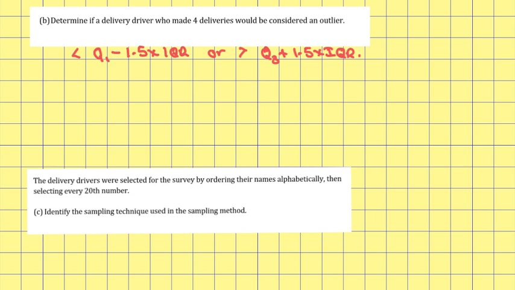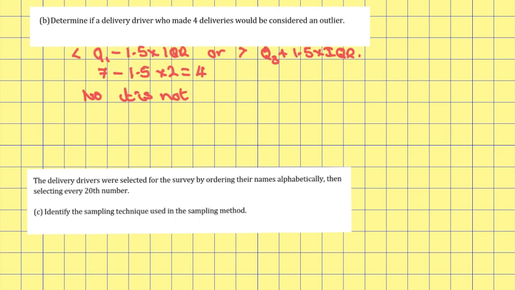In this case, we will use the lower bound, so Q1 was 7, so it's 7 minus 1.5 times 2, which is equal to 4. So no is the answer. It is not. Anything less than 4 would be an outlier.